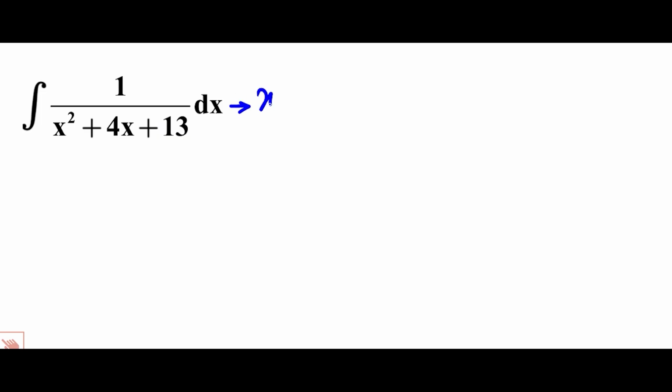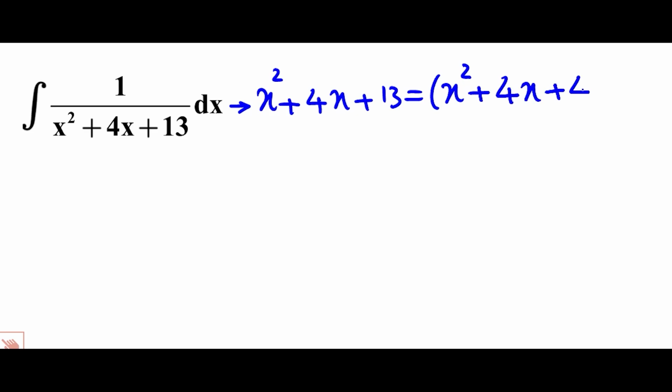We have x squared plus 4x plus 13 equals x squared plus 4x plus 4 plus 9.